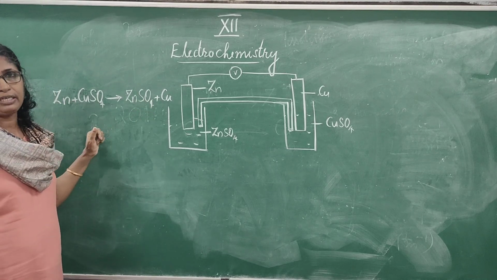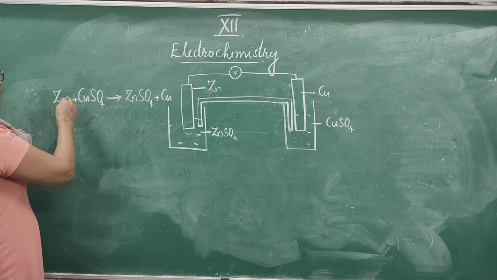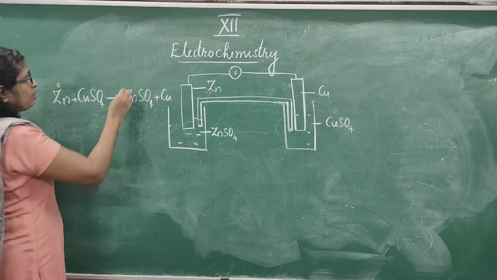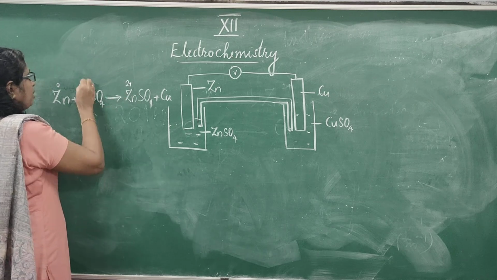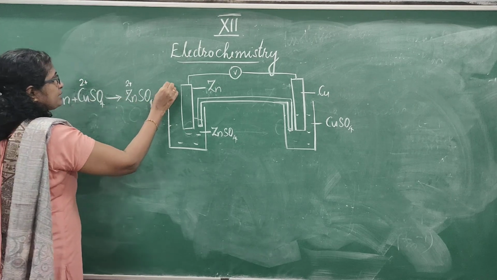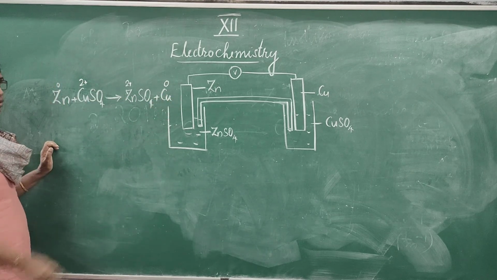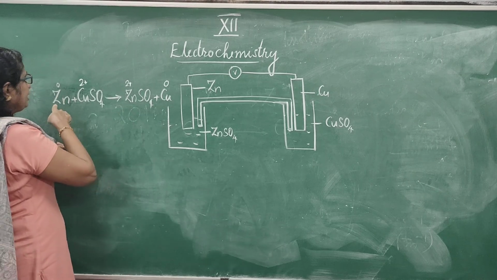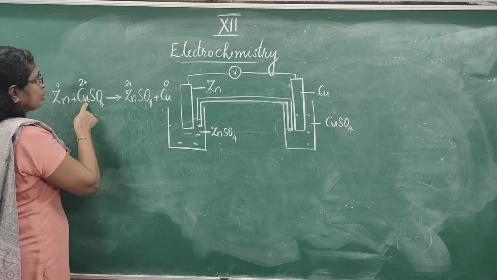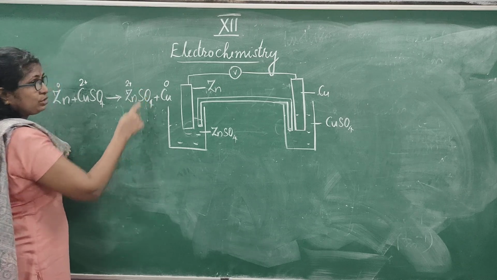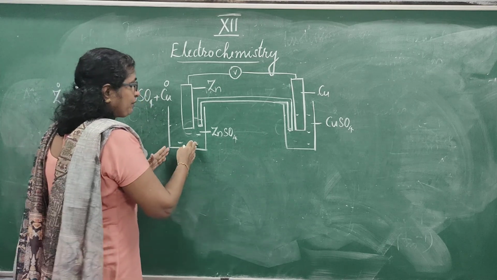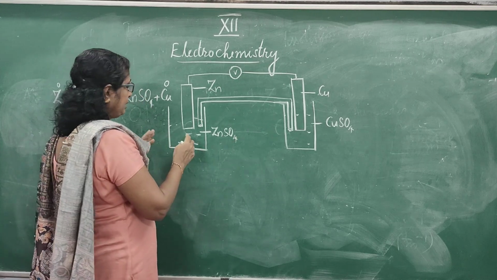Here zinc is in oxidation state 0 and becomes 2+. Copper is 2+ and becomes 0. So zinc is losing 2 electrons, and copper ions are gaining 2 electrons. Now this is what we are doing in two separate compartments.